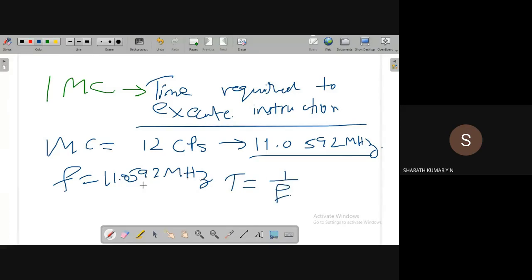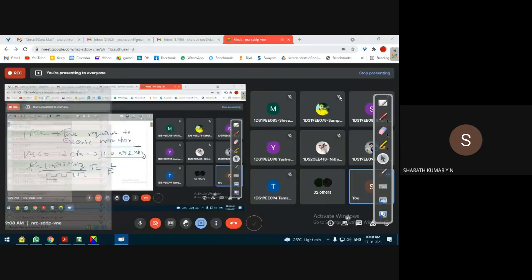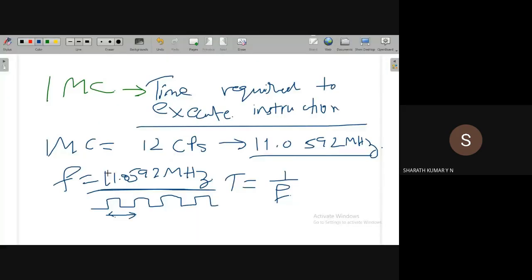This frequency is the rate at which the oscillator circuit is generating the clock pulses. Oscillation rate is 11.0592 megahertz, so this is one time period of the clock pulse: t equals 1 by f.